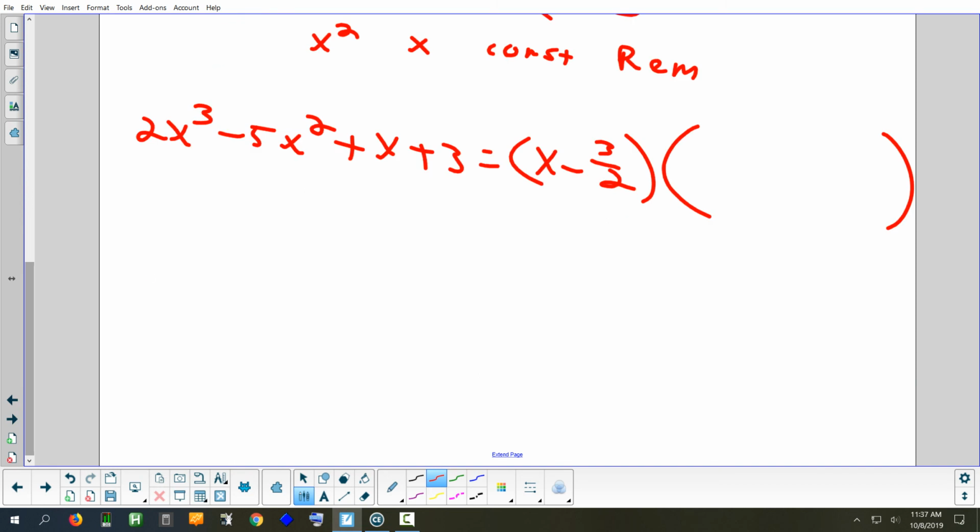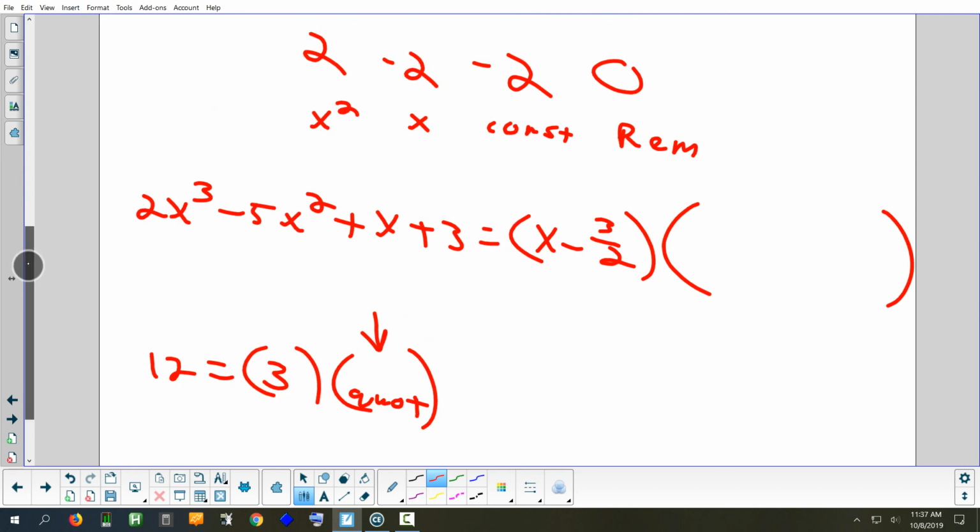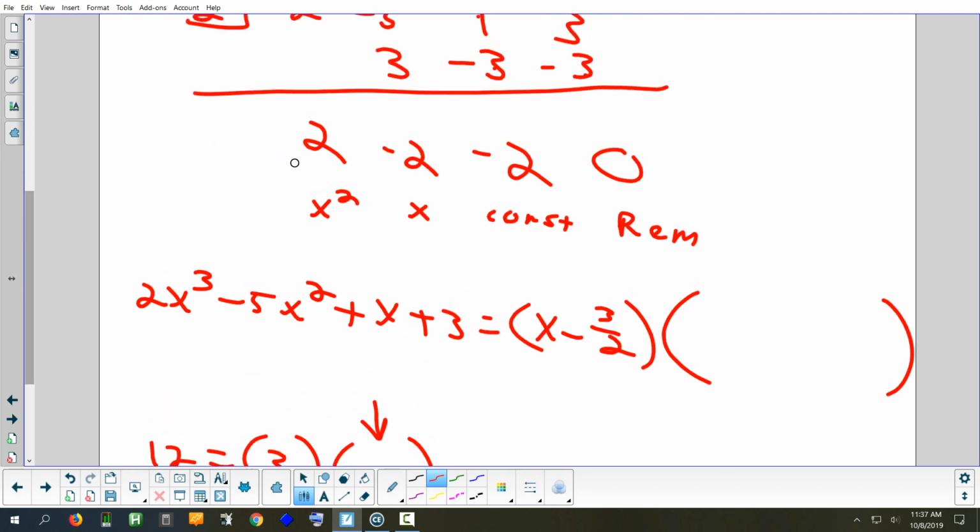If I said to you 12 equals 3 times something, that's a factor, and there's another factor that goes here. How do you figure out the factor that goes here? Divide. And this is the quotient. Well, we already have the quotient. The quotient is 2x squared minus 2x minus 2. That's the quotient when you divide what we just did.